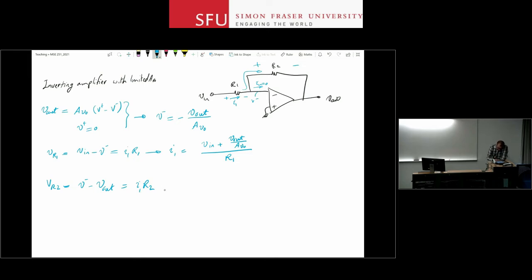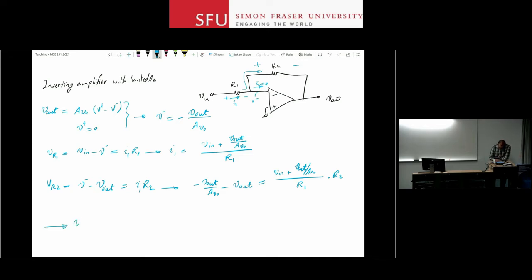And then if I plug the equation from above in here, V minus is minus V out over A V naught from the first expression. So minus V out over A V naught, minus V out, that's the left side, is equal to I1, so V in plus V out over A V naught divided by R1, times R2. Then I move all of the V in to one side of the equation, all of the V out to the other side.